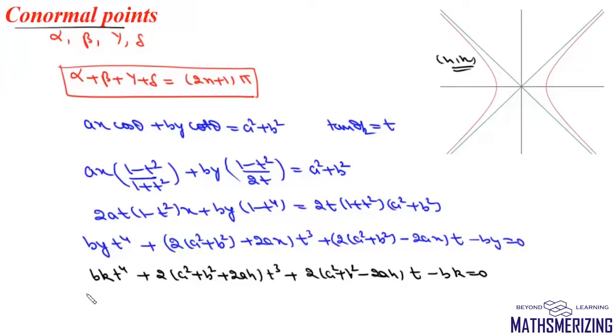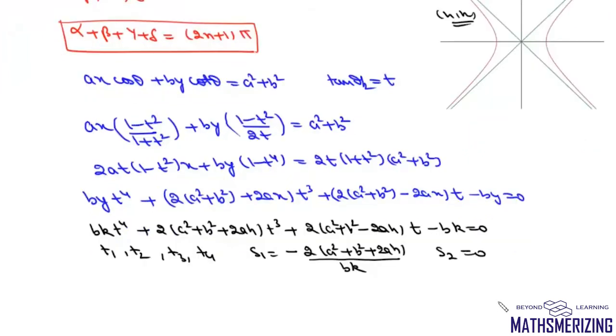So if it has 4 real roots, say t1, t2, t3 and t4, we can write s1 as minus 2(a square plus b square plus 2ah) upon bk.